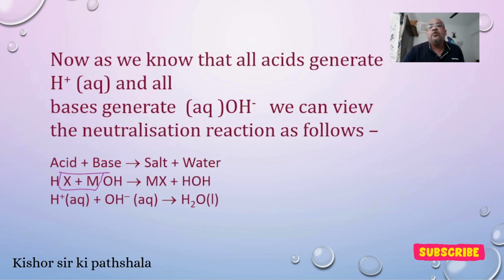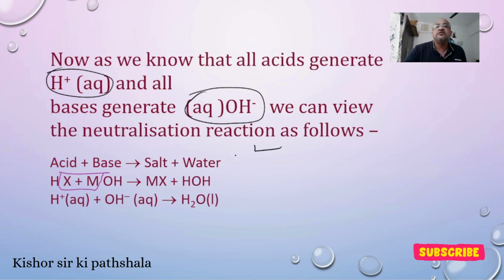So now we know that all acids generate H plus ions and all bases generate OH minus ions. So we can view the neutralization reaction as follows. In a neutralization reaction, we know that an acid reacts with a base to give salt and water.